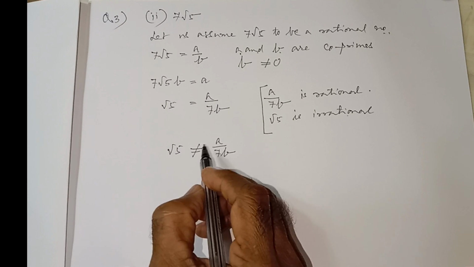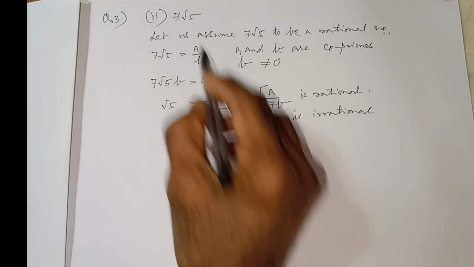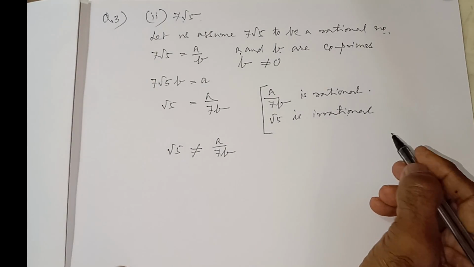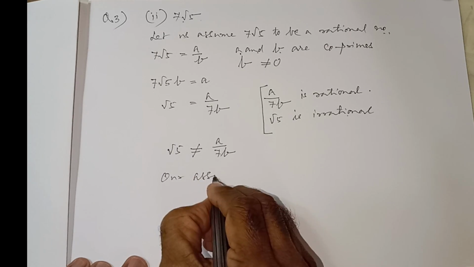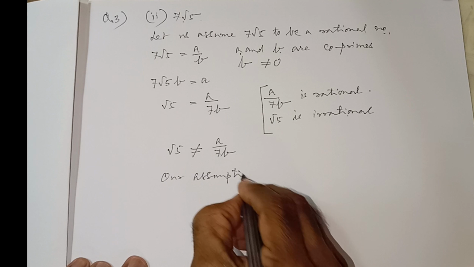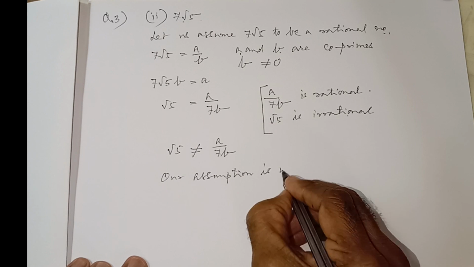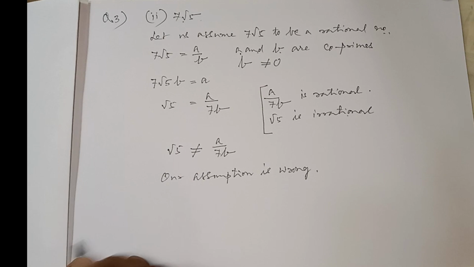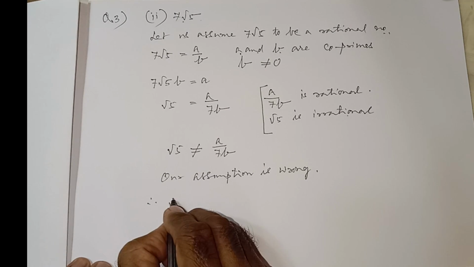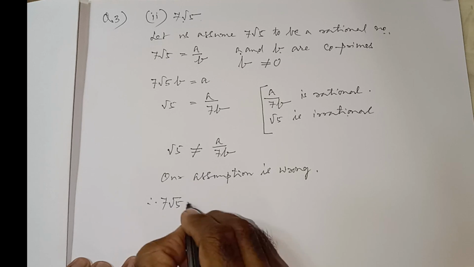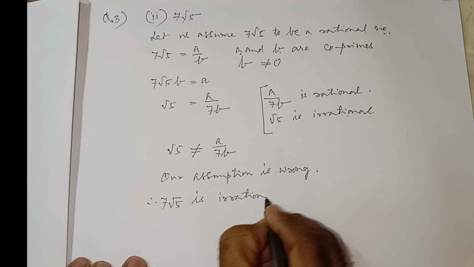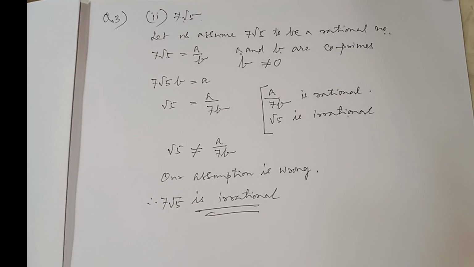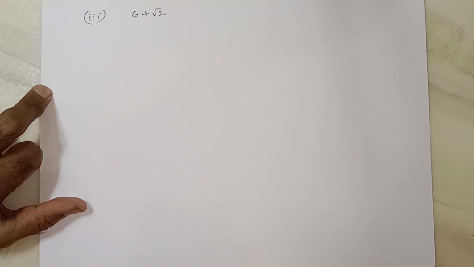If it is so, we went wrong in assuming that 7 root 5 is a rational number. We write down that our assumption is wrong. Therefore, we can say 7 root 5 is irrational. This is our answer.